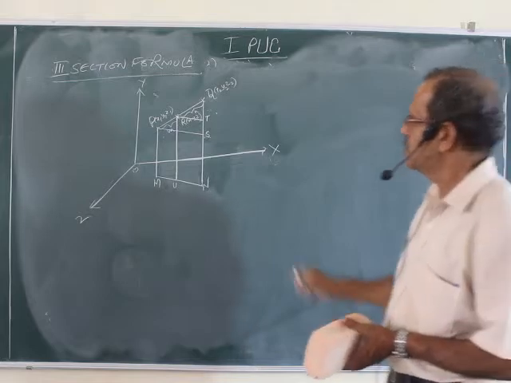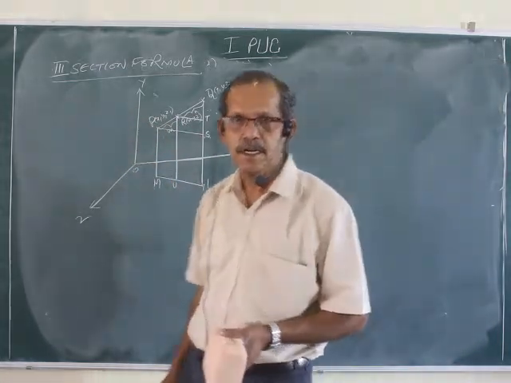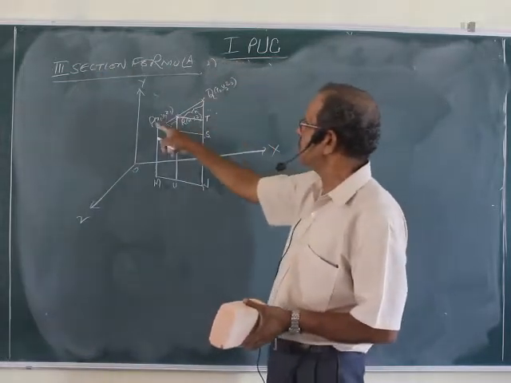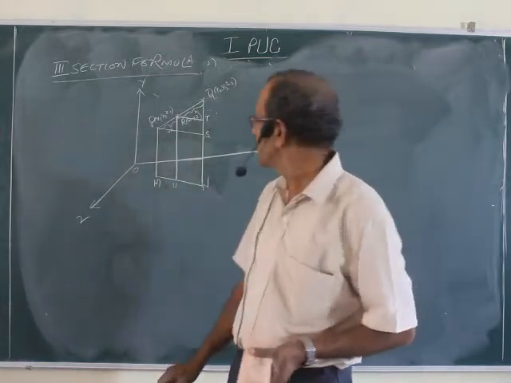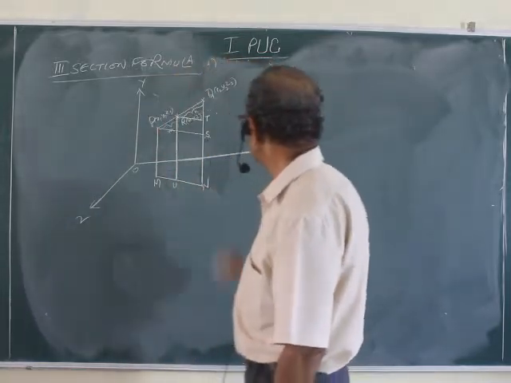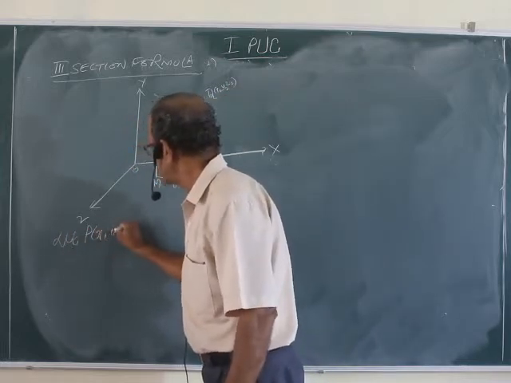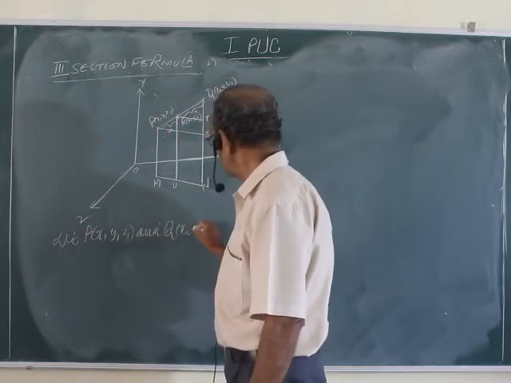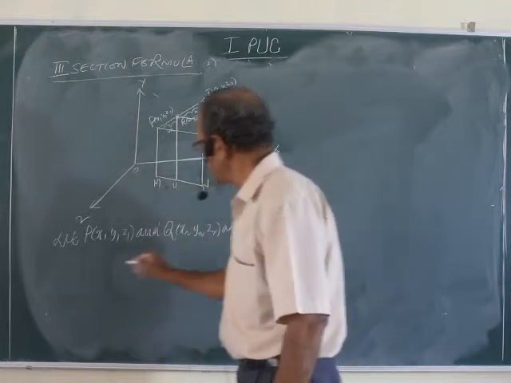See? Similarly, you could have drawn the perpendicular here to the Z axis. But only one thing, draw the perpendiculars from P and Q only on XZ plane, enough. Now what are the things we have done? Let P (x1, y1, z1) and Q (x2, y2, z2) are the given 2 points.